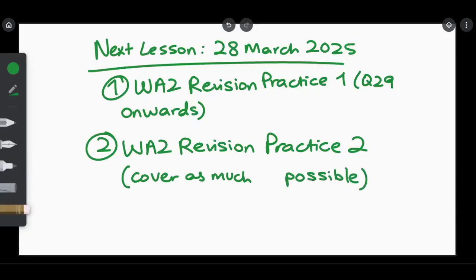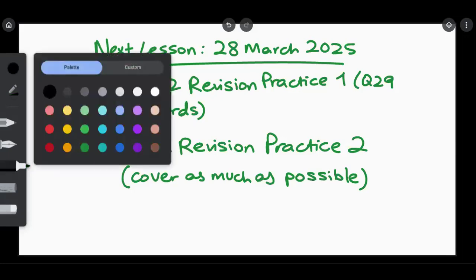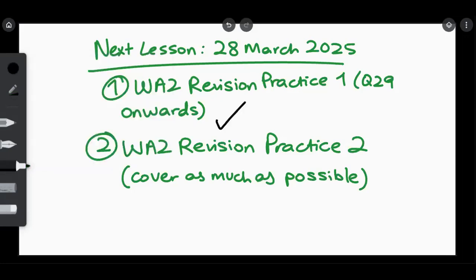Okay, we'll try to cover as much as possible for practice 2. Alright, so this will be what we will cover next week. Okay, we will definitely finish practice 1.